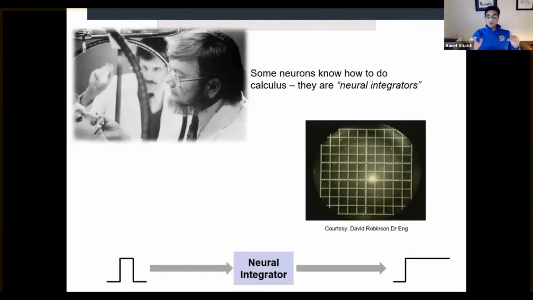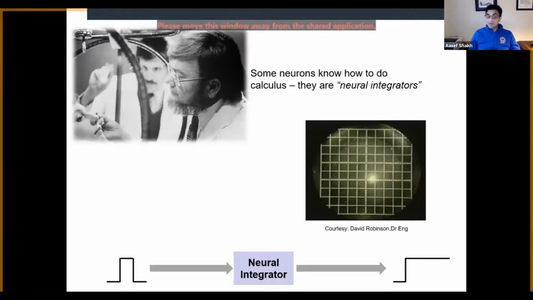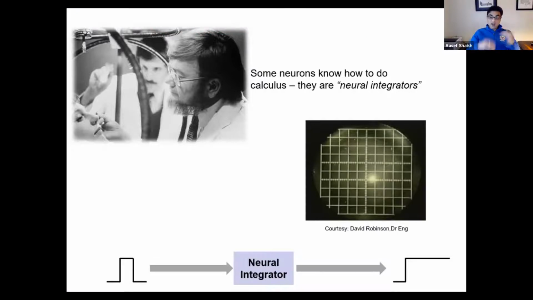As it moves in different directions, you will hear the cells that he recorded from the midbrain vertical neural integrator, and how their firing changes. So you see here.